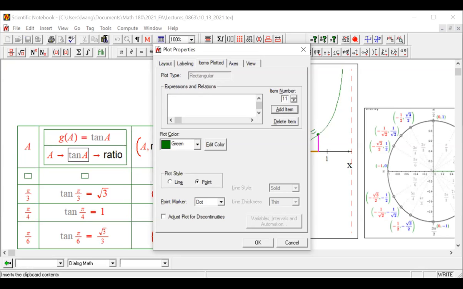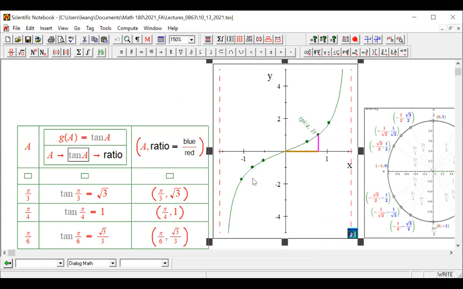So I'm going to put all the points on the graph, and please, you do the same. Okay, so we have all the points here.